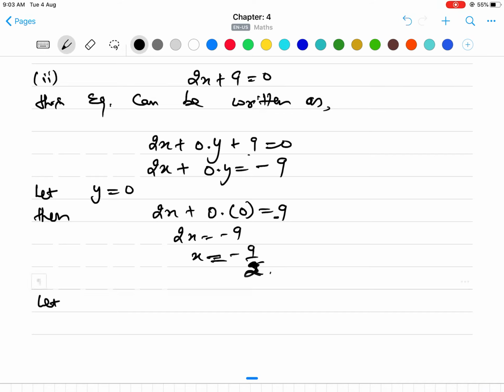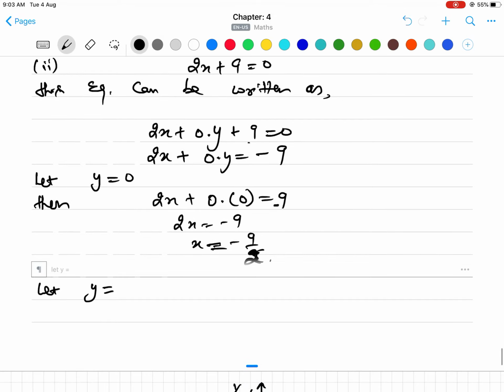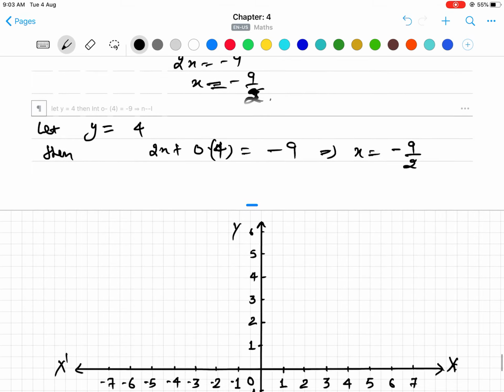Let's find another one. Let y equals to, let's choose another value. Let's say y equals to 4. Then we'll have 2x plus 0 into 4 equals to minus 9, and this implies that x is equals to again minus 9 by 2, and 9 by 2 is equals to 4.5.